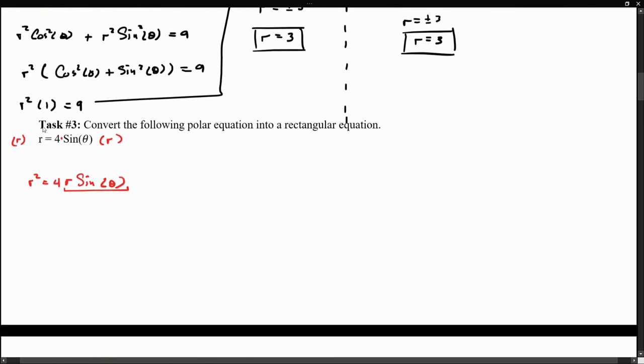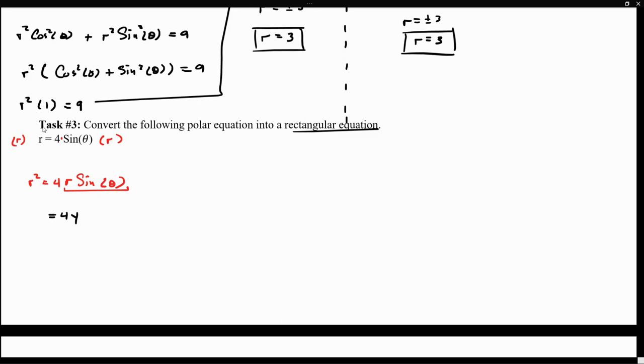So now I know that the right hand side can be written as 4y, since r sine is equivalent to y. But we still have to get rid of this r business, because if we want to write it in terms of a rectangular equation or Cartesian form, we don't need an r, we just need x's and y's.